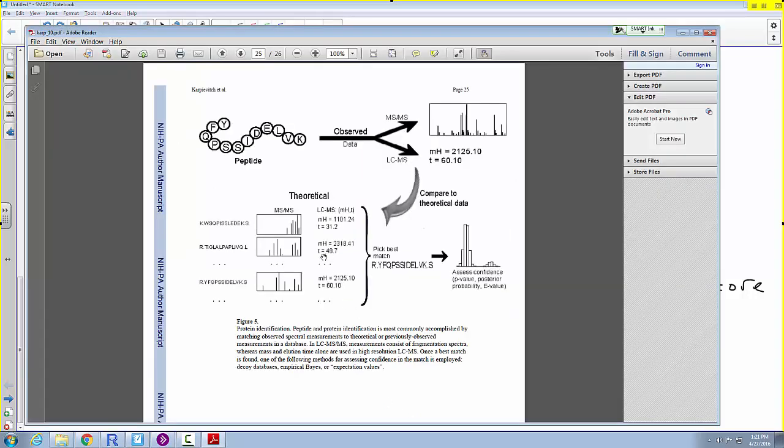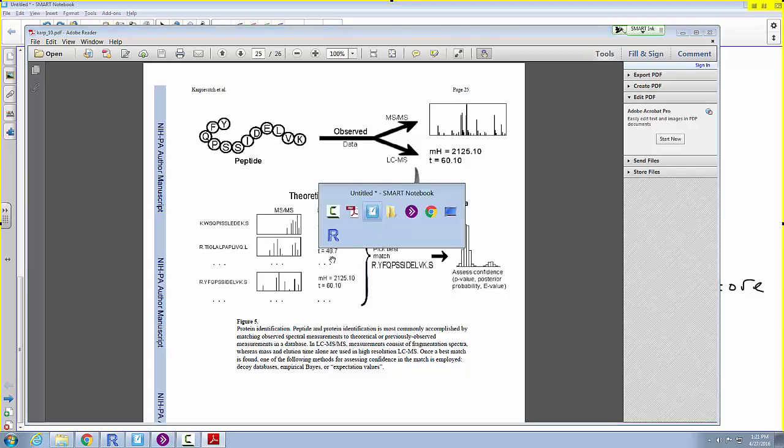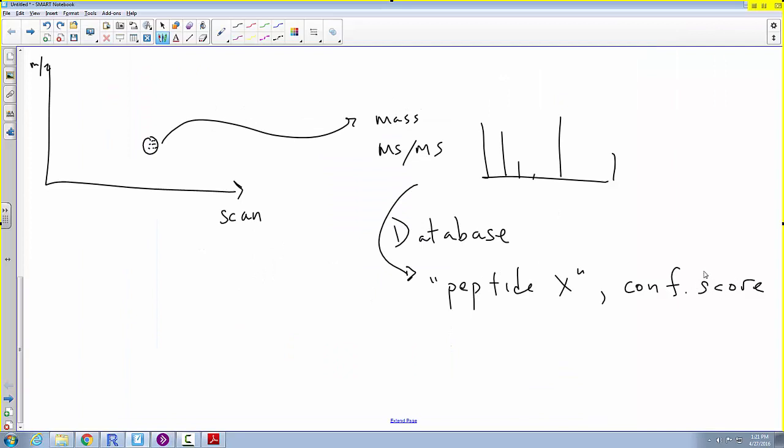These T values are, I don't remember what they are, but there's some kind of match quality. The higher the number, the tighter the fit. You're going to have piles of those because you have piles of peaks in your data. For each of your putative peptides, you're going to have a confidence score.